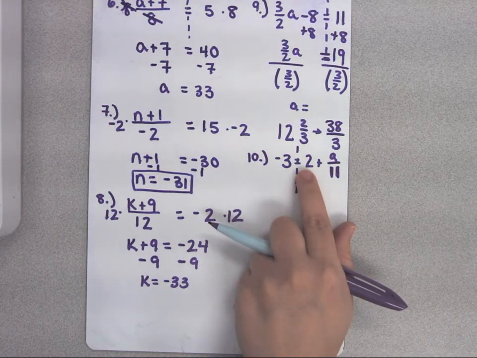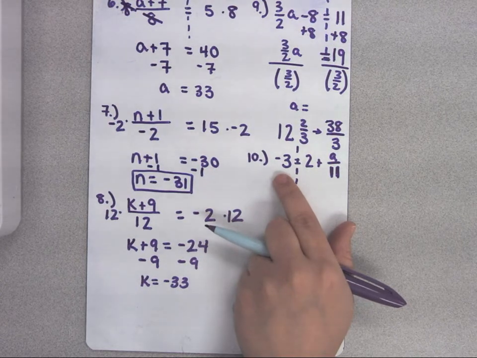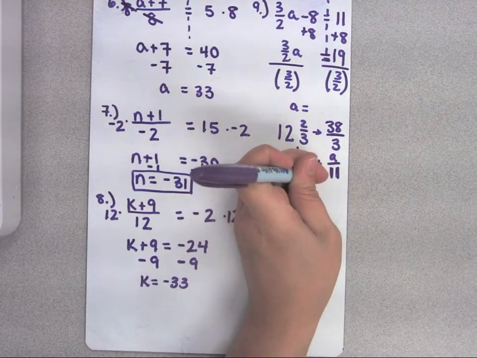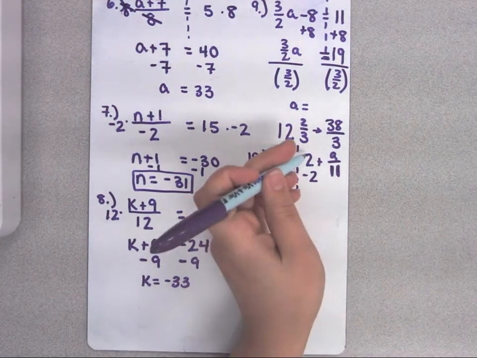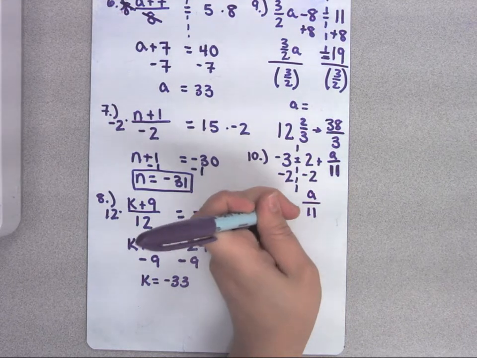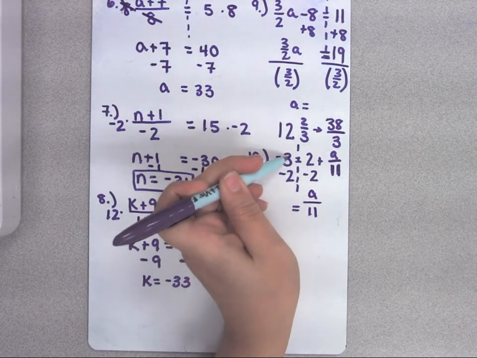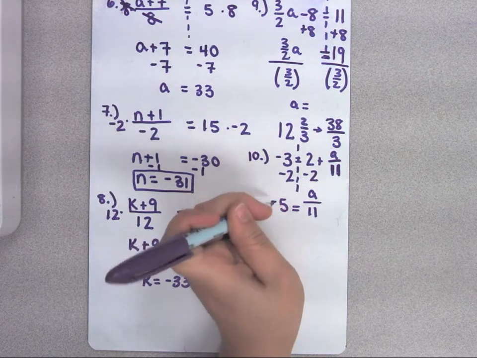In front of it, it's positive. How do we take the positive 2 and move it to the other side of the equal sign? We're going to subtract 2 from both sides of the equal sign. Take away 2 over here, we're left with A over 11 equals, what is -3 minus 2? -5.